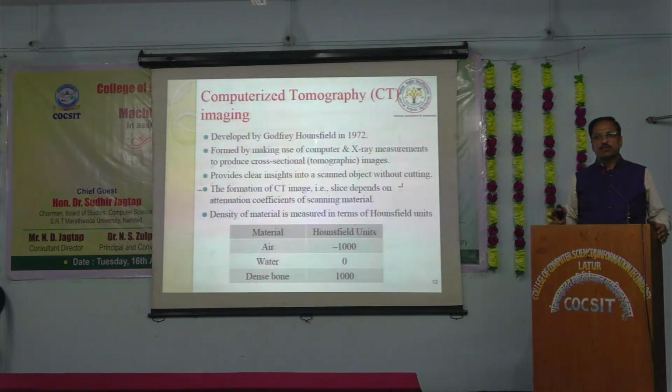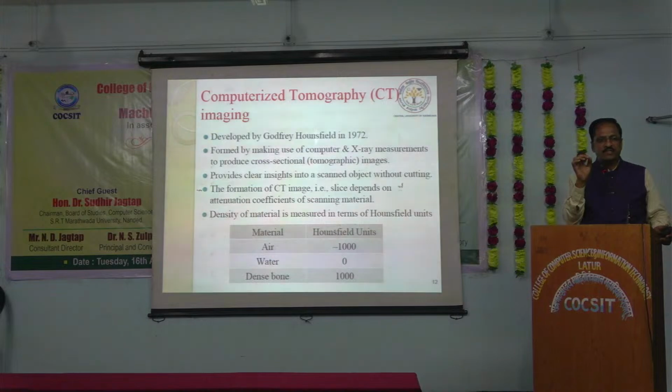Three-dimensional view means, suppose let us assume that you have a watermelon. You know watermelon. If you cut that into a number of pieces, you can open and see what is there inside. If there is any damage inside, you can see it. In the same fashion, the CT scan takes the image in slices, piece by piece.